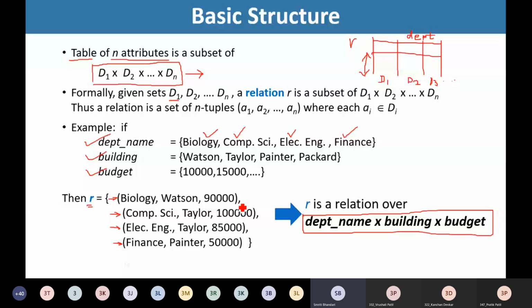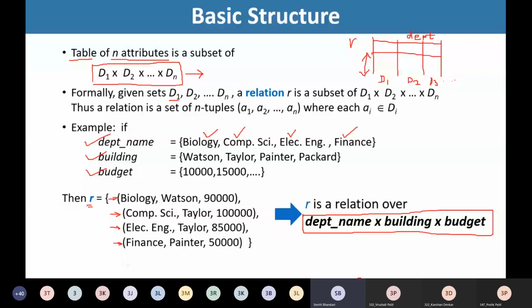So the first row actually tells me that the department is biology. The department biology is located in building Watson and it is having the budget of 90,000. Second row tells me that the department computer science is located in building Taylor and it is having the budget of 1 lakh.